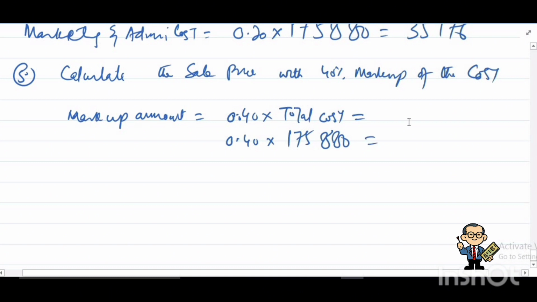So just do the calculation. 175,880 multiplied by 40 divided by 100, so you will get the answer 70,352. This is the markup amount.